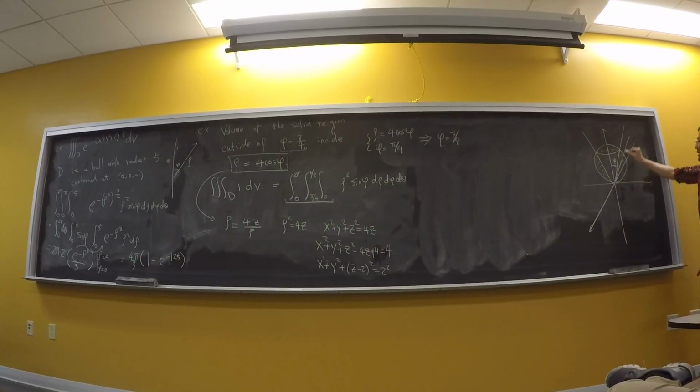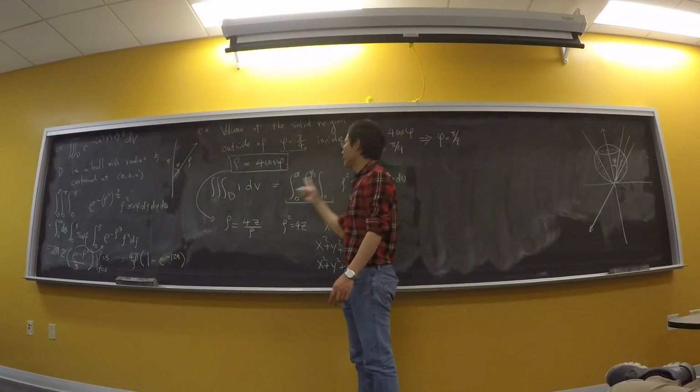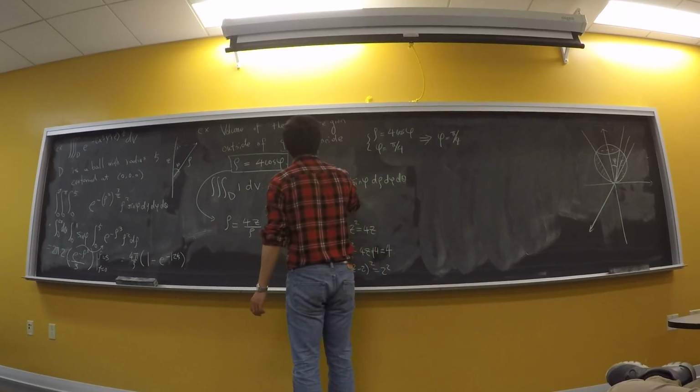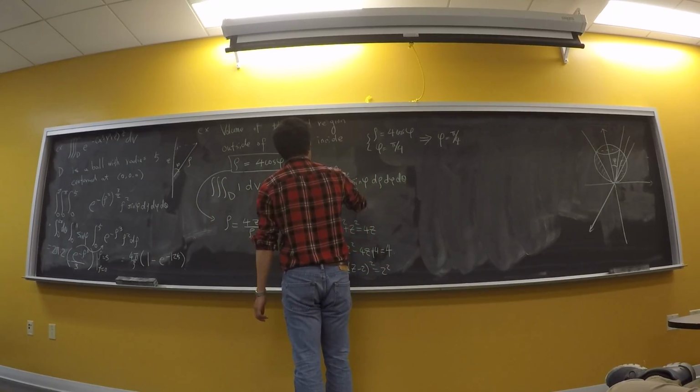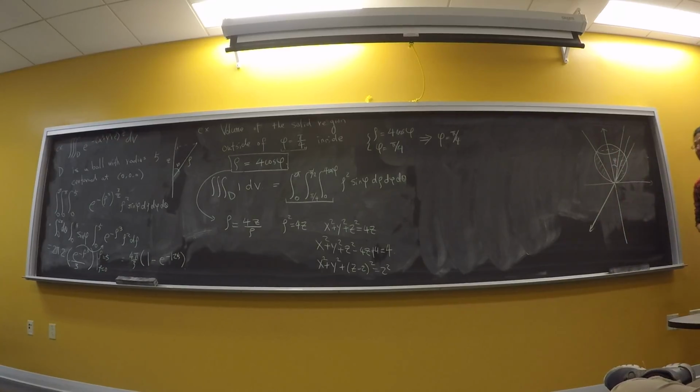The longest distance on this ray within the solid region has to come from the point on the sphere. If it is on the sphere, then this distance is defined by the sphere equation, which is 4 cosine phi. This is the procedure to determine the integral ranges.